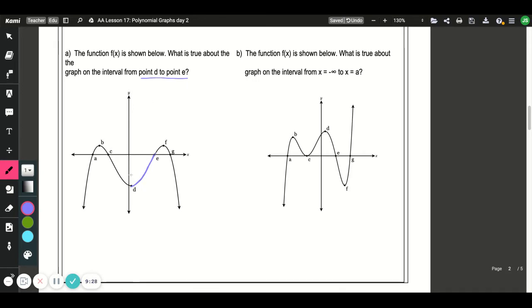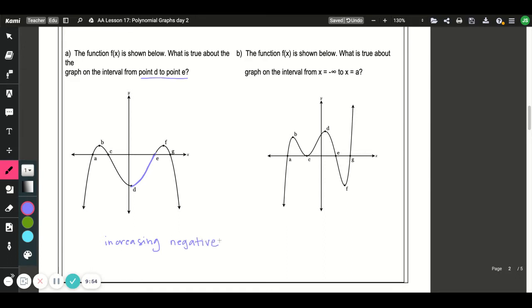If I'm walking, I'm walking uphill, so I'm increasing. But I'm below the x-axis. Think of it as underwater, underground. I'm going up, but I'm still under the x-axis. So I'm still negative.